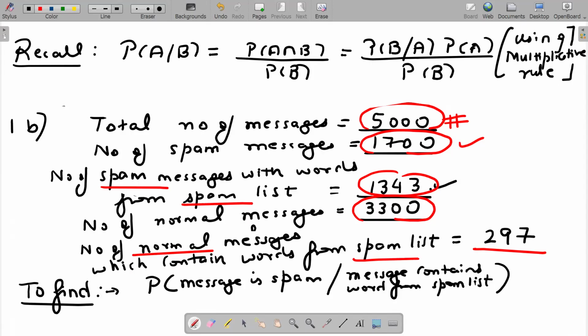So let's first of all find out. If I write A, what is my A? A is nothing but messages in the spam. So I can write probability of spam messages conditional on message containing words from the spam list.